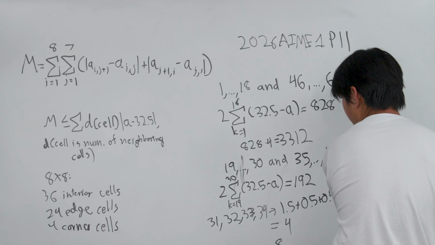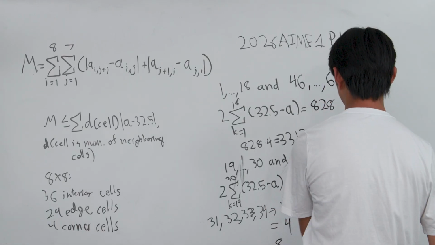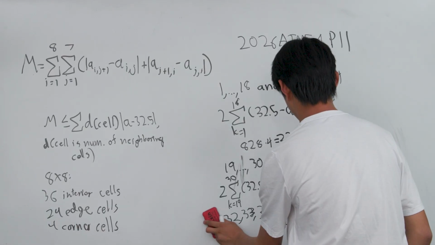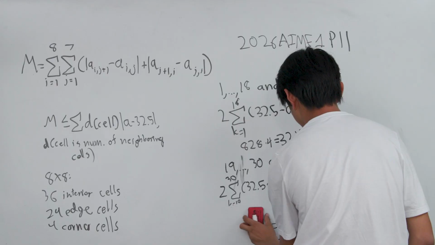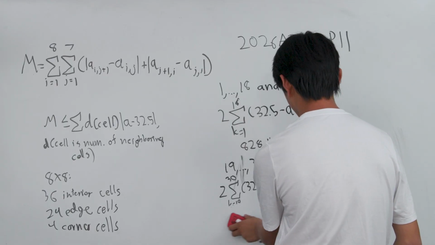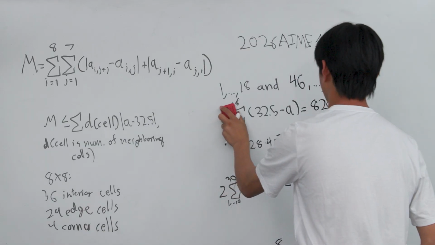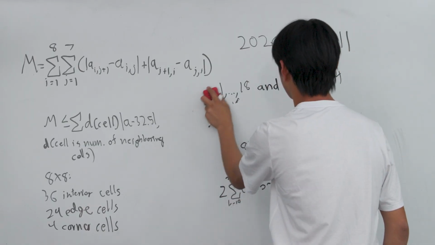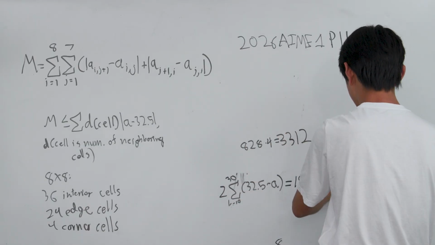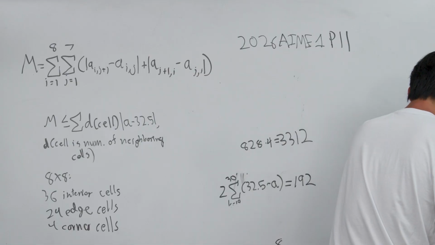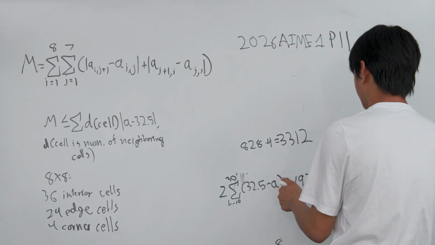So now we have a sum where we just want these three numbers. We have 192, which we still have to multiply, so 192 times 3.